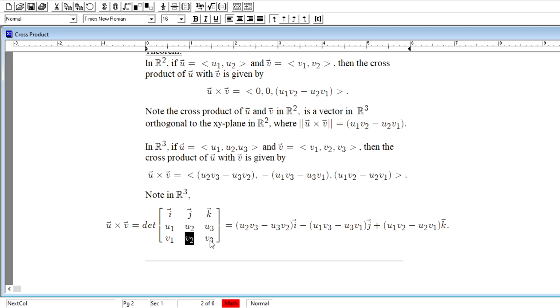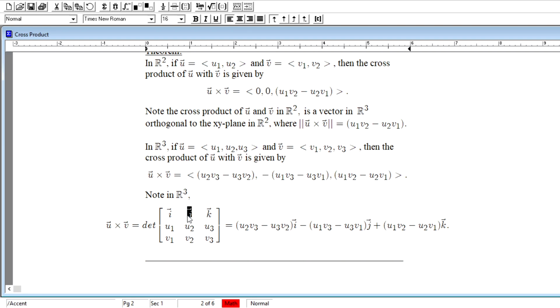It's u2 times v3 minus u3 times v2 for your ith component, right? That's this description here. It's then going to be minus the description for the cross product of your jth component, the component in the direction of j.